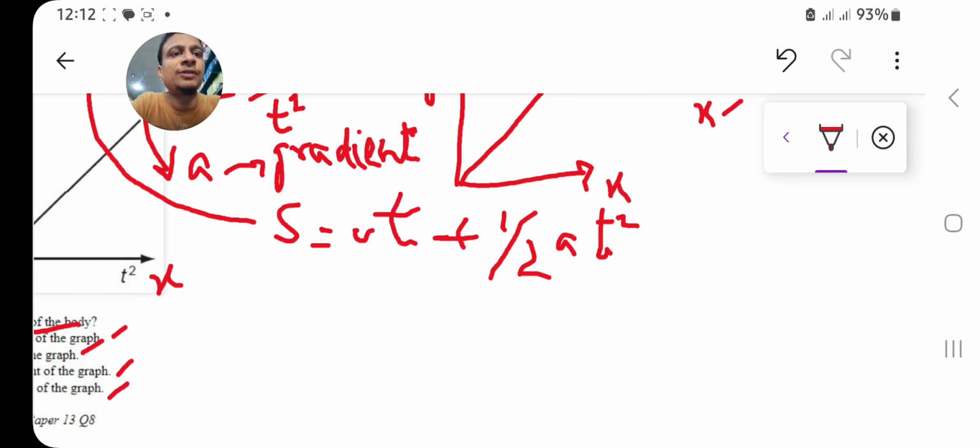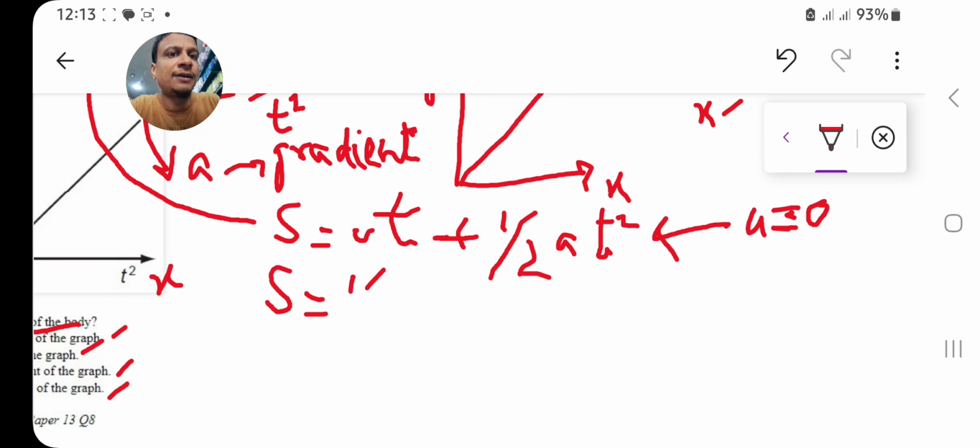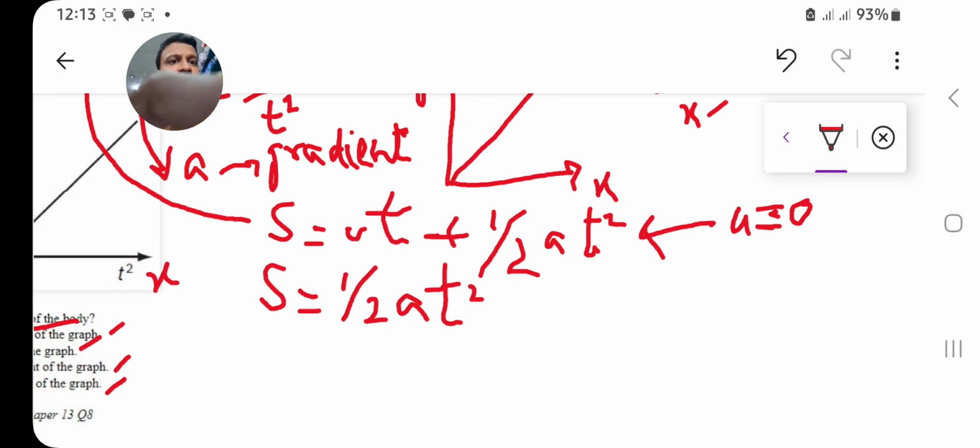The body moves from rest, so the initial velocity is equal to 0. So this will be s equals half a t square.